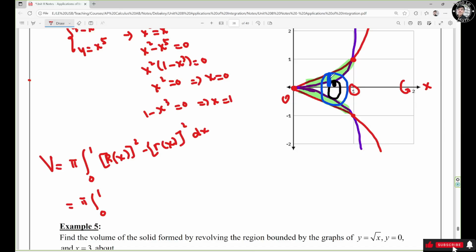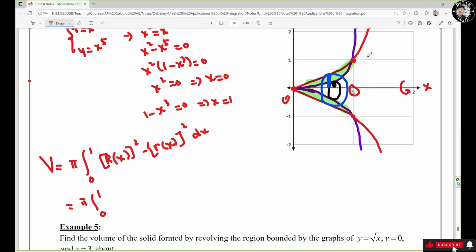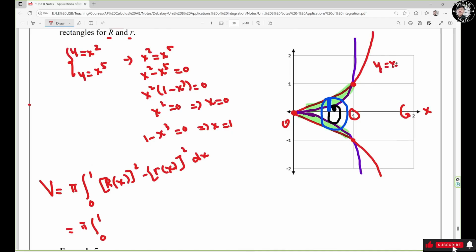So it's the difference between y equals s squared and the x-axis, which means y equals 0. So you have s squared minus 0 all together squared. Subtract the smaller one, the black one right here, which is y equals s power 5 and the x-axis. So it's going to be s power 5 minus 0 all together squared, ds.